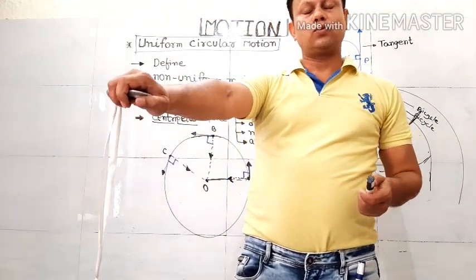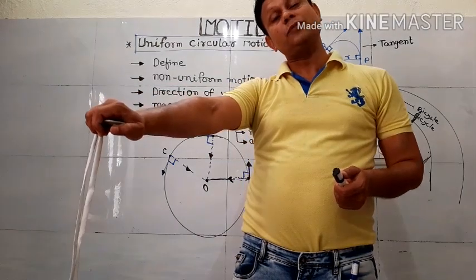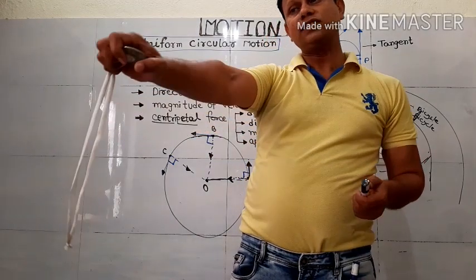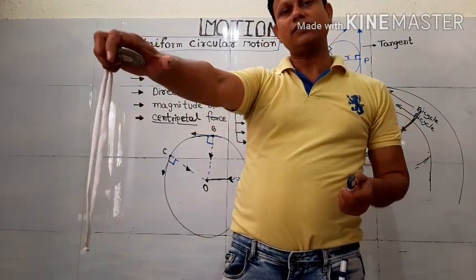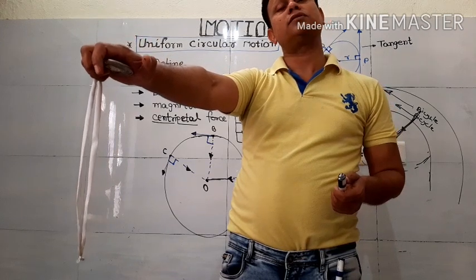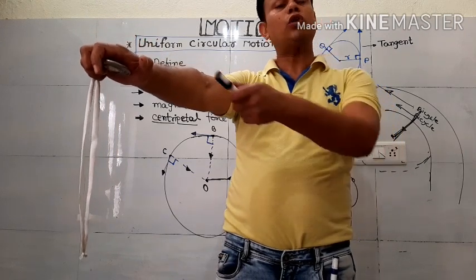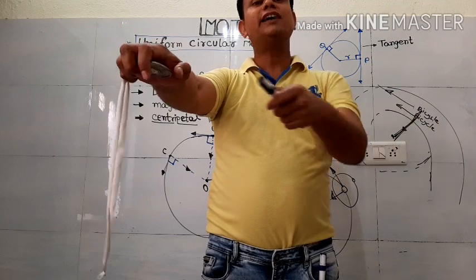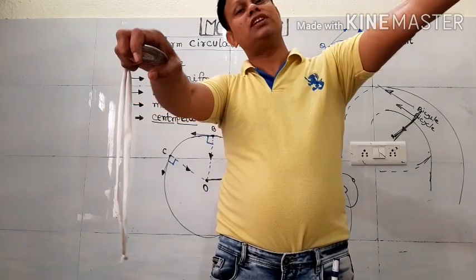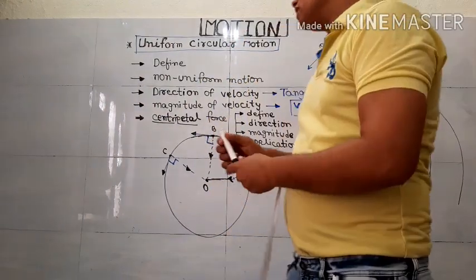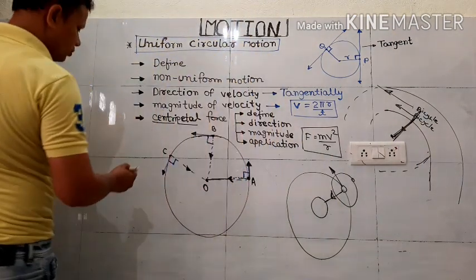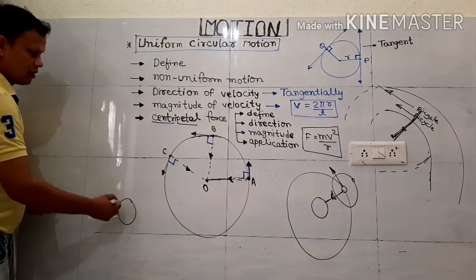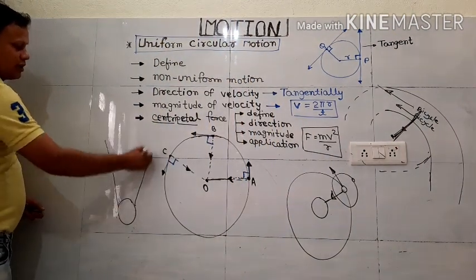And one thing they keep in their mind while releasing this: as soon as the athlete leaves the hammer, it will no longer move on a circular path. It will move tangentially.